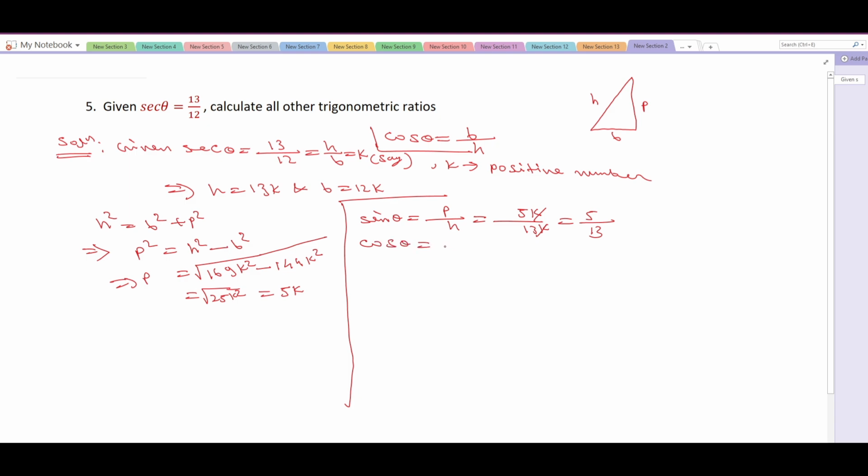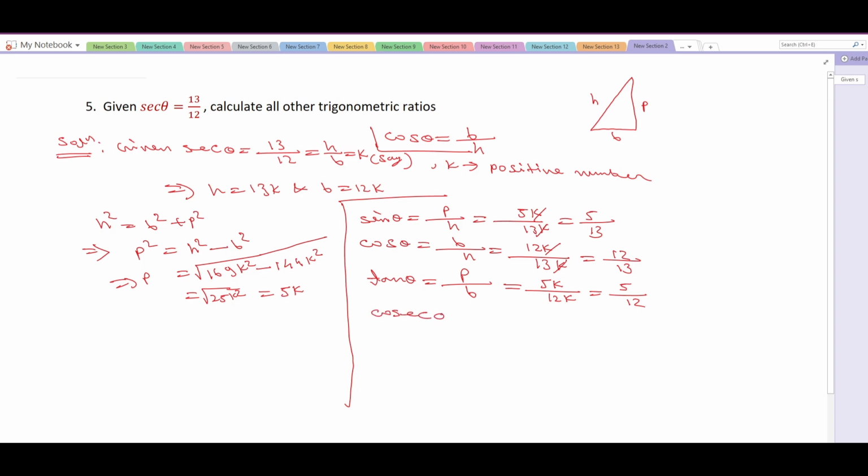Cos theta equals b by h, where b equals 12k and h equals 13k. K cancels out, so we have 12 by 13. And tan theta equals p by b, where p equals 5k and b equals 12k. This is equal to 5 by 12.